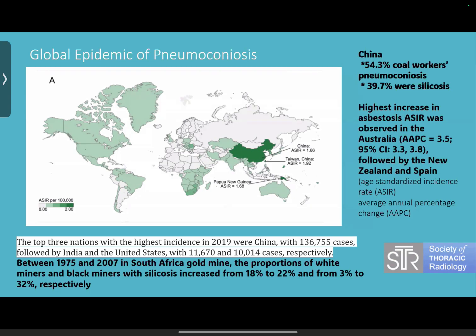And in South Africa, one of the important things that you may consider is that the people in the gold mines have also been having increased incidence of this disease. Asbestosis is seen in New Zealand and Spain. So as you can see here, a little map. Obviously, there's some countries where we don't see data, or maybe they don't have the data for. Russia is very large, and as you can see there, we don't have any information on them.